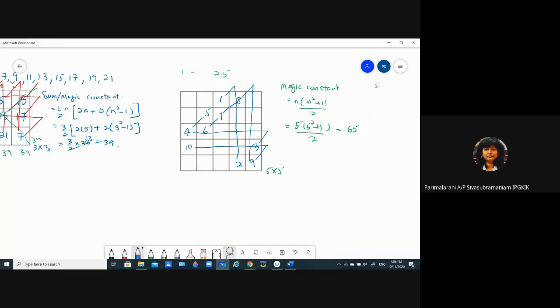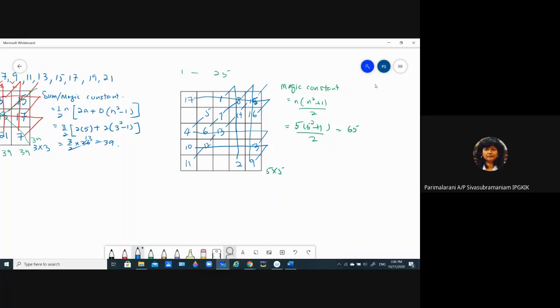10, okay? 10, go up here, cannot, already a number there. So put below it. So 11, 12, 13, 14, 15. 15, go up here, cannot. Both sides cannot. So 16. 16, go up here, go right to the end here. 17.